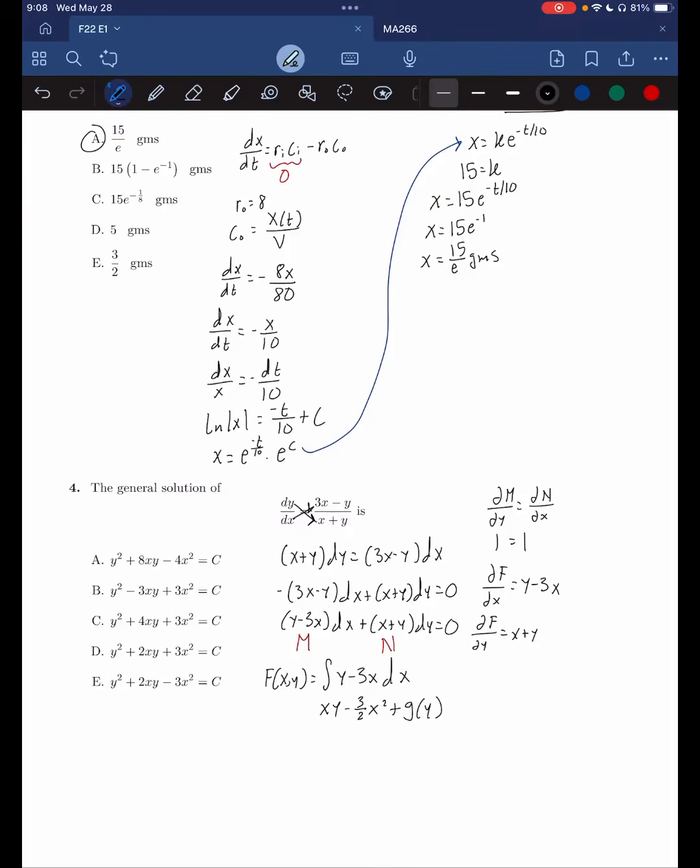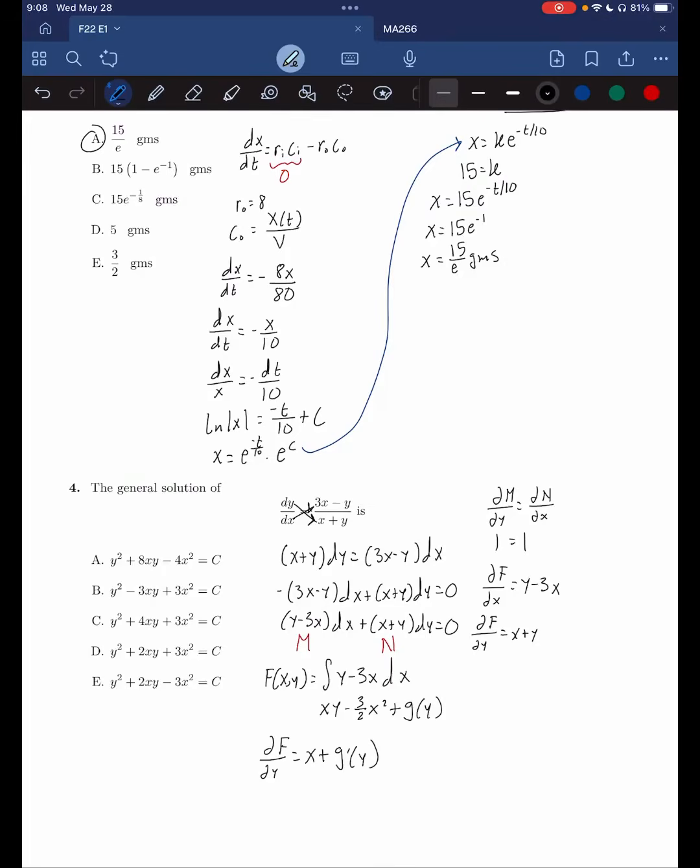Okay, that being said, now we take the partial derivative of this with respect to y because we have this g of y. We'll call this df dy is equal to x minus, this is a 0, because this is just all x's, plus g prime of y.